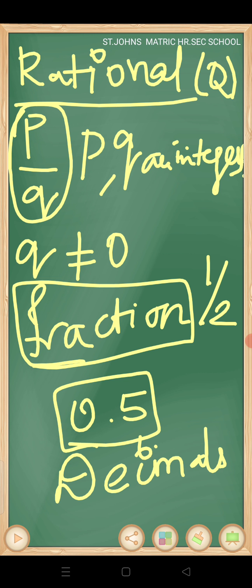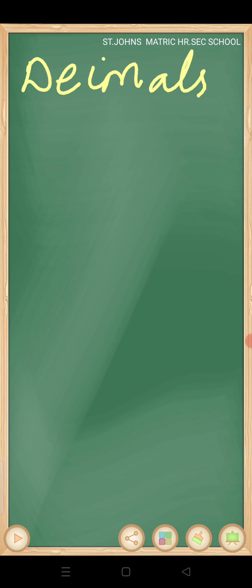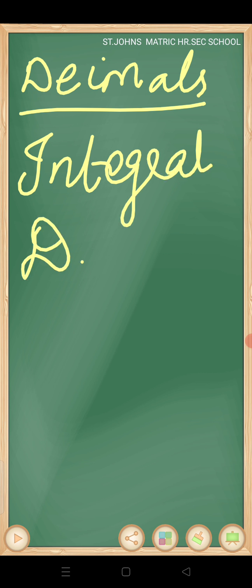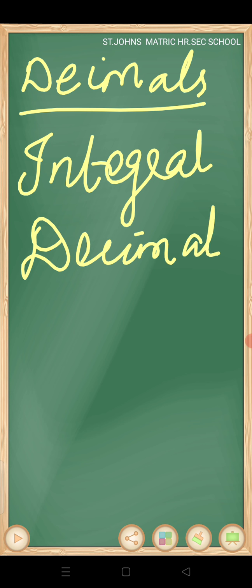Whatever I have explained clearly, decimals have two parts: the integral part and the decimal part. Okay, so from these we can easily find out the decimals.